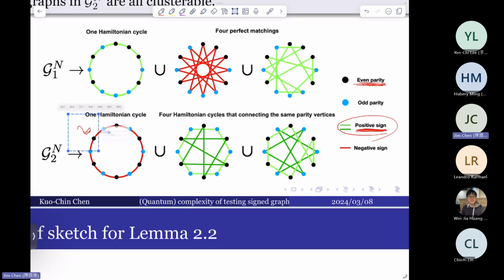And the negative edges can only connect vertices with distinct parity, which means these two components can only be connected by edges with negative sign. So the graphs in G2 are all clusterable, since they can be decomposed into two components such that it satisfies the clusterability property.